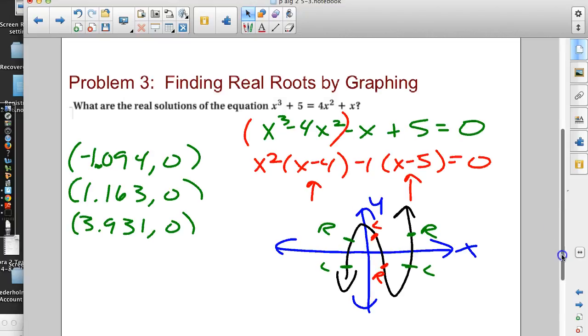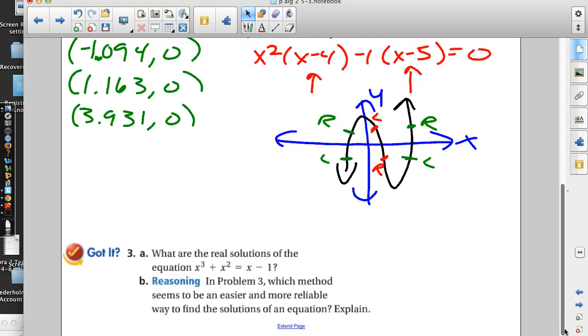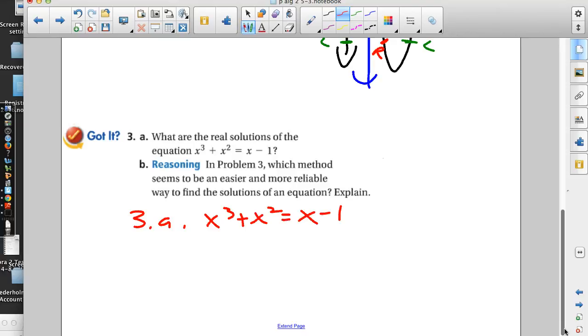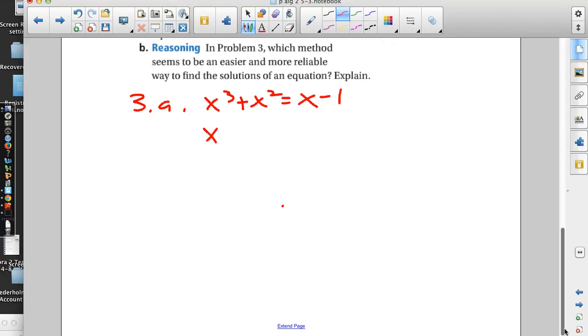So down here, it says, what are the real solutions of x cubed plus x squared equals x minus 1? We're going to do the same thing again. We don't know we have to use our graphing calculator for this, so we will try factoring by grouping.